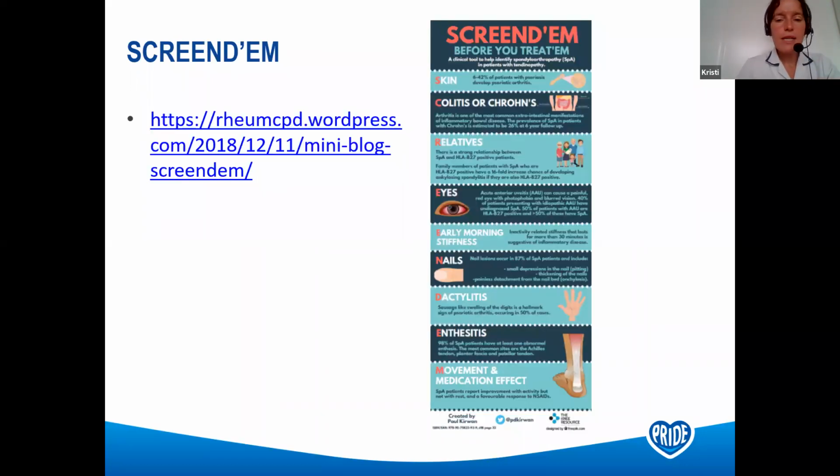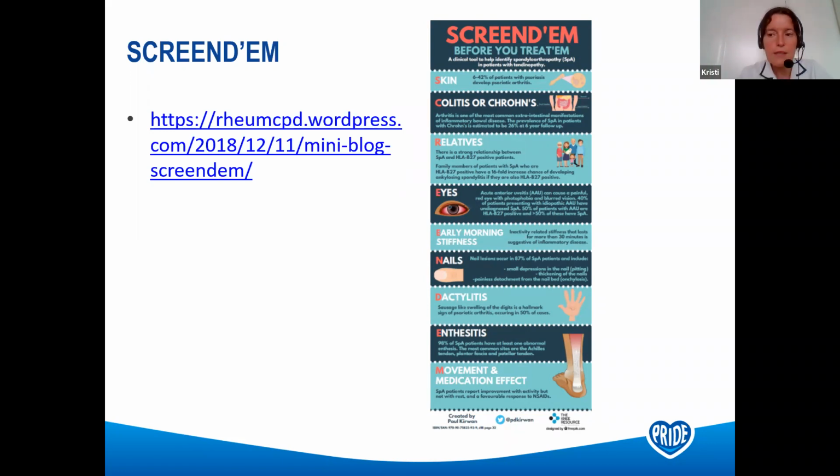There's another really nice tool that's been developed, this one more for knee pain. It was developed by someone looking at whether there are other things to think about with knee pain. Is it inflammatory? Is it psoriatic arthropathy? Screen them: SCREENDEM. It covers similarly the things we've talked about: skin, psoriasis, colitis, Crohn's, IBD, so inflammatory bowel disease, family history, eyes.